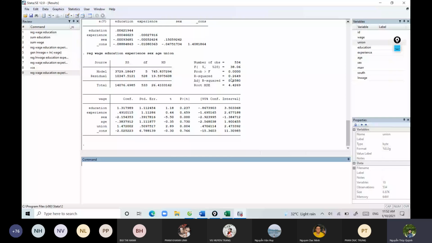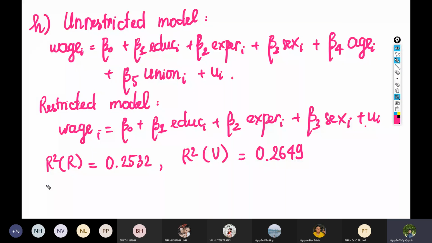Now we have the hypotheses H0 and H1. What is H0? Beta 4 equals beta 5 equals 0, and H1 is beta 4 squared plus beta 5 squared is greater than 0.